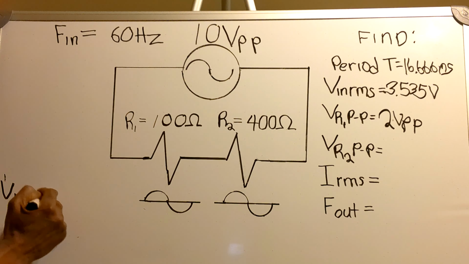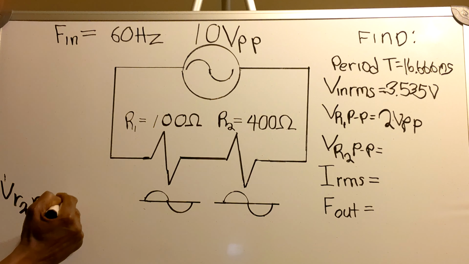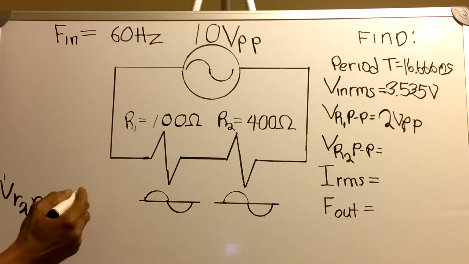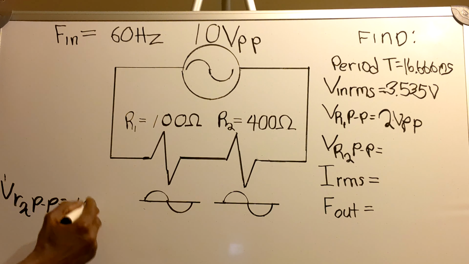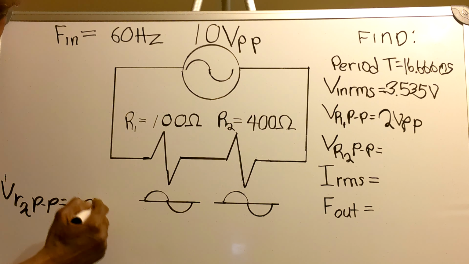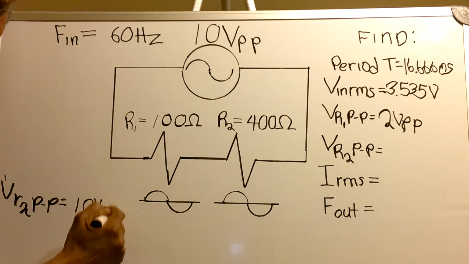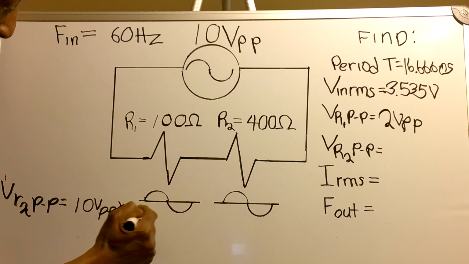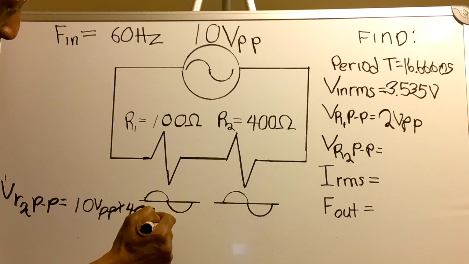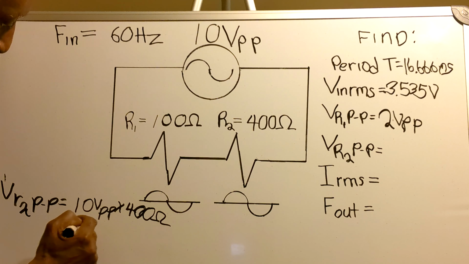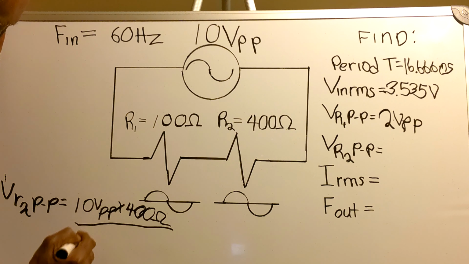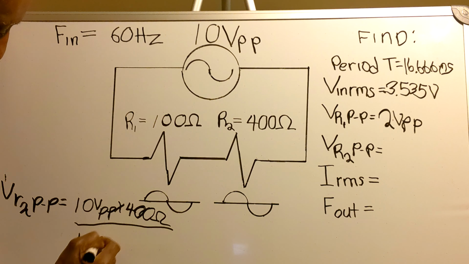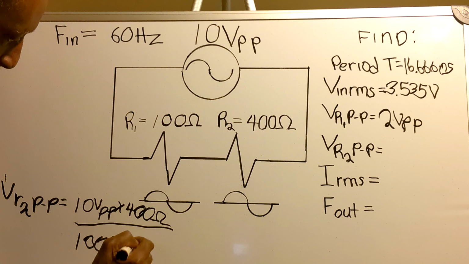VR2 peak to peak equals 10 volts peak to peak times 400 ohms divided by 100 ohms plus 400 ohms.